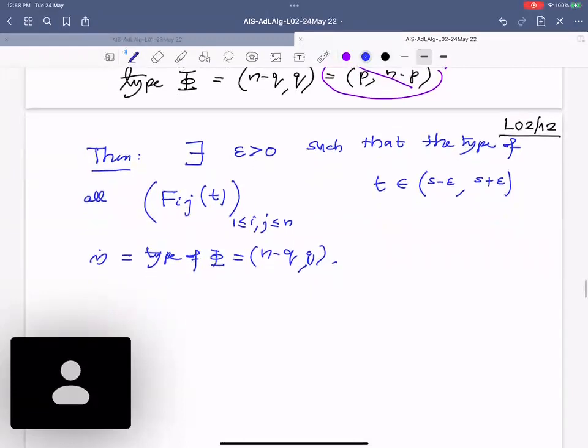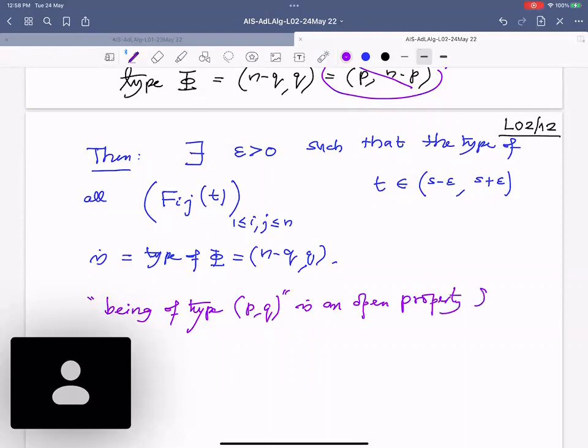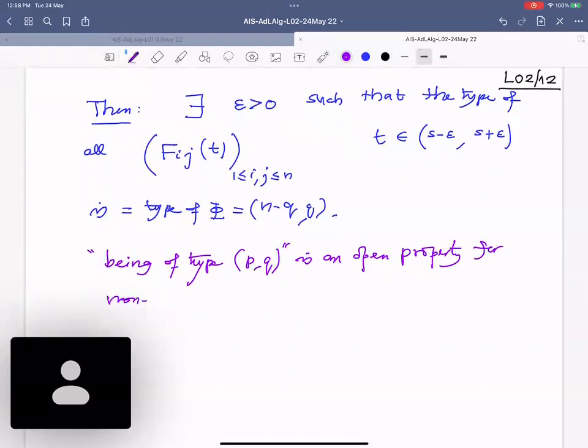So I will write it here. So this means being of type PQ is an open property for non-degenerate symmetric bilinear forms on K power n.